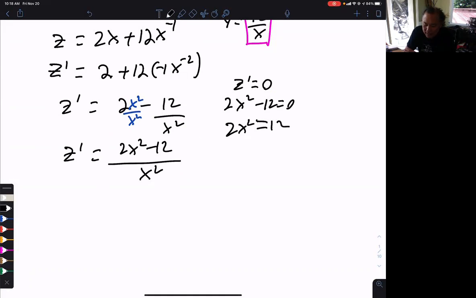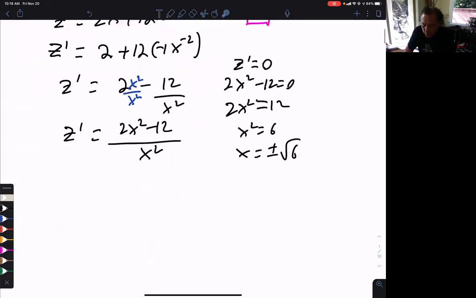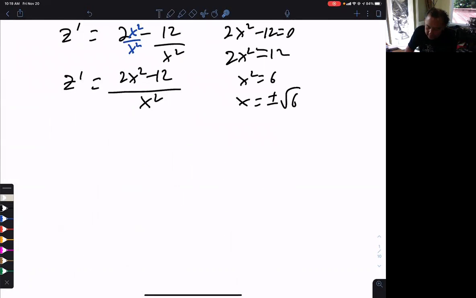Divide each side by 2. Square root both sides. Now let's read the original question. Key word, positive numbers. So we can ignore the negative. We don't need to deal with the negative. So notice that's the only critical point.